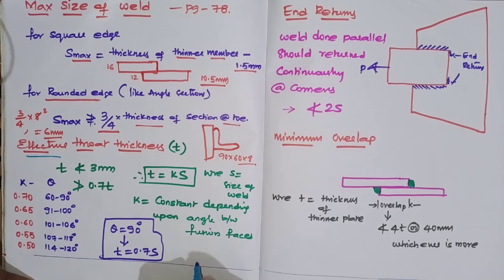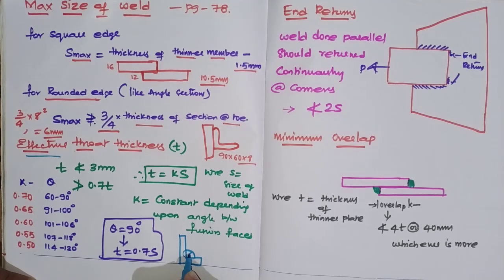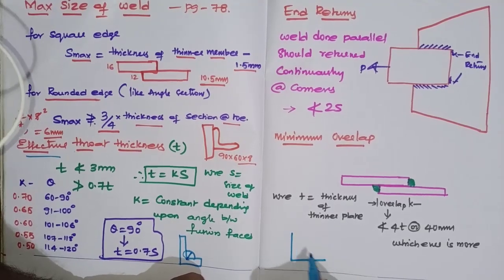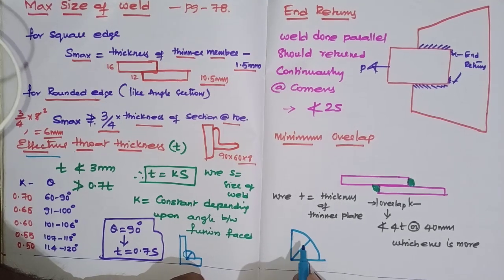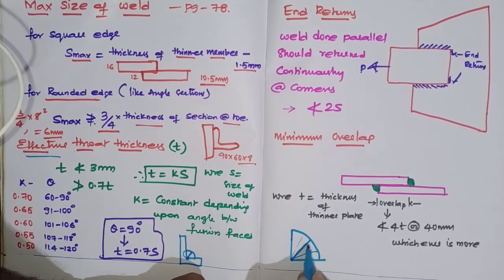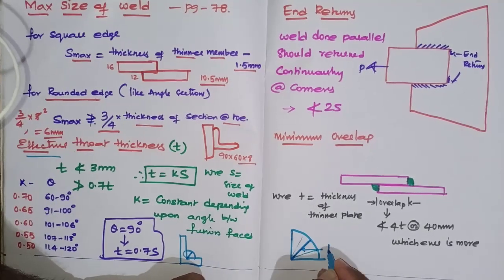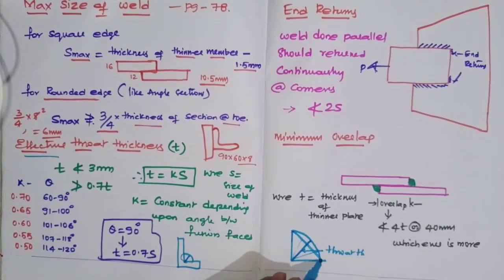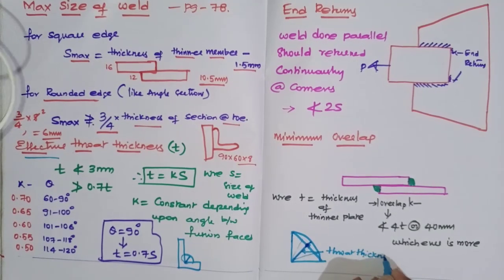Now what does throat thickness mean? If I am welding here, this part is the throat thickness. If I draw it here, it will be clear. Up to here I should consider, that is called the throat thickness.